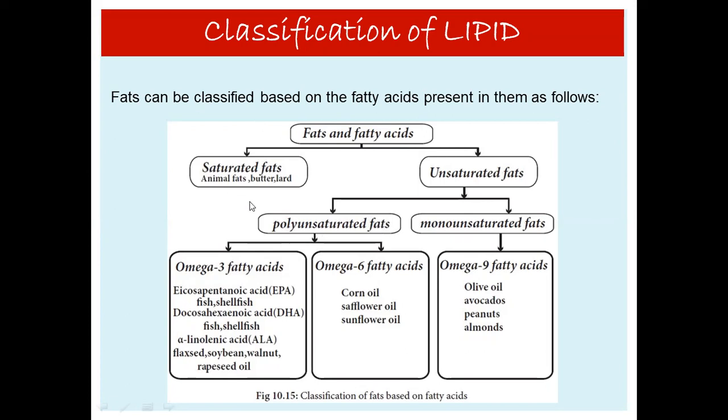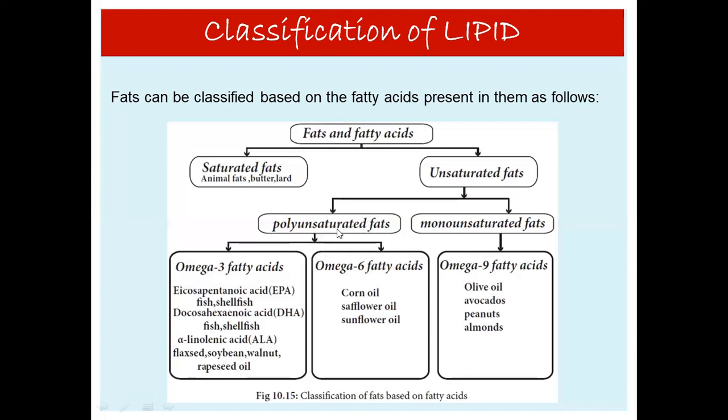The sources of saturated fats are animal fats, butter, lard. All these contain a lot of saturated fats, and these are the dietary sources of saturated fats also. In case of monounsaturated fats, omega-9 fatty acids, olive oil, avocados, peanuts, almonds are natural sources.